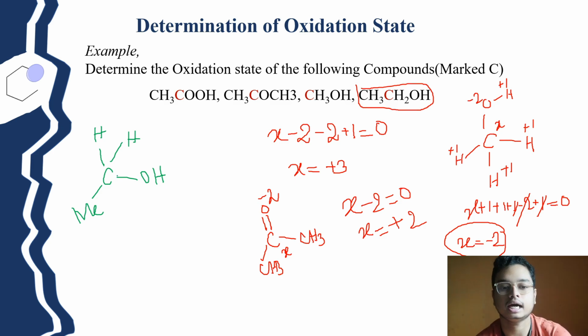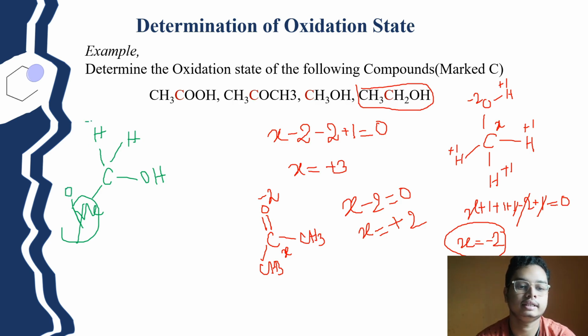Since it is a carbon-carbon bond, it will not contribute, so we can easily omit it, or assume that it is 0. The hydrogens each provide +1, the oxygen -2, and since the oxygen is bonded to hydrogen, that hydrogen will contribute +1.